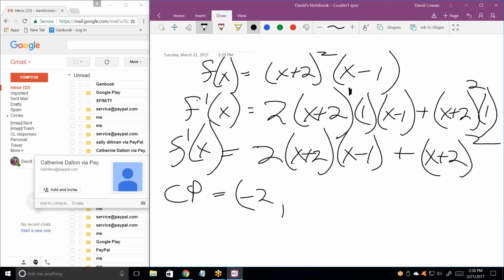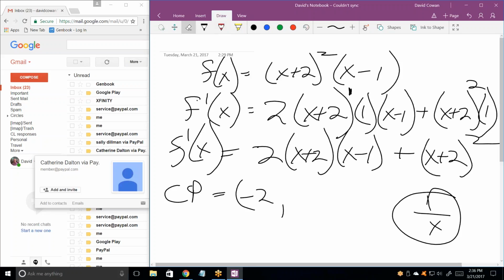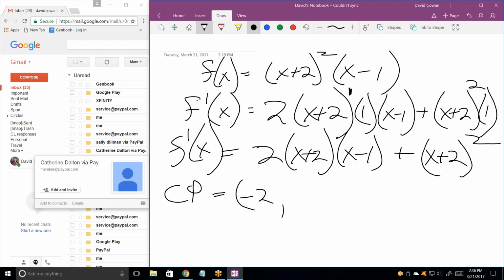You need either the f prime to be 0 or undefined. In other words, if I ended up with a 1 over x, that's undefined at x equals 0. I don't have that here, but at this point, the only point that I can see where the function is undefined is -2. Yeah, it's the only critical point.